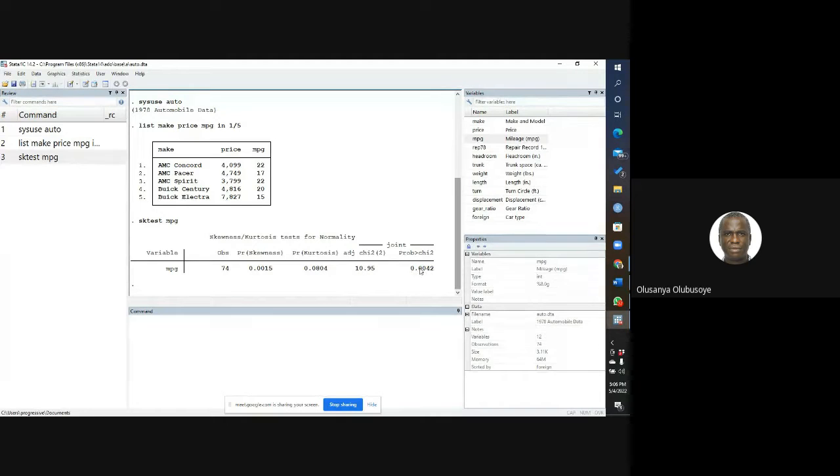Because this p-value is less than the alpha level of 0.05, it means we are going to accept our null hypothesis.